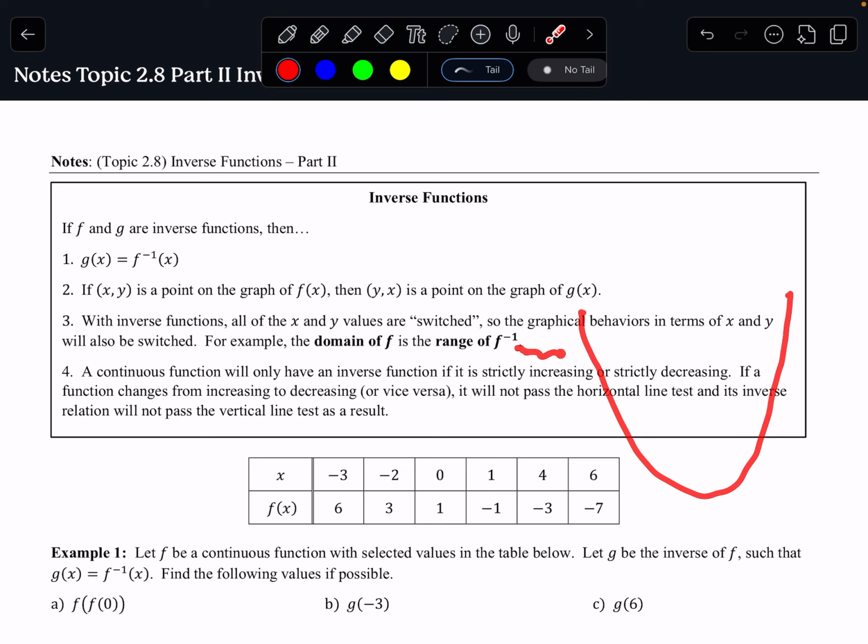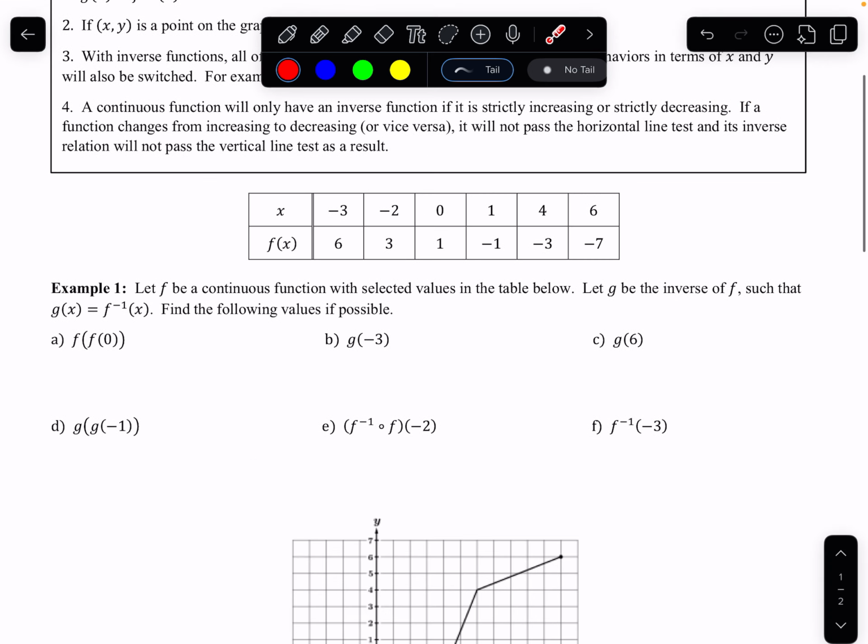If I draw a horizontal line, the horizontal line hits in more than one place. If the horizontal line hits in more than one place, the inverse is not a function. All right, let's go ahead and do some problems.